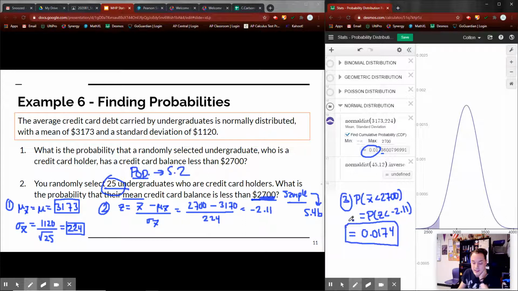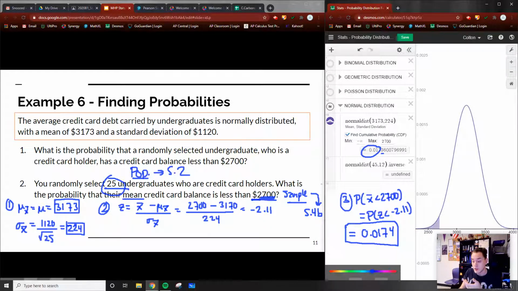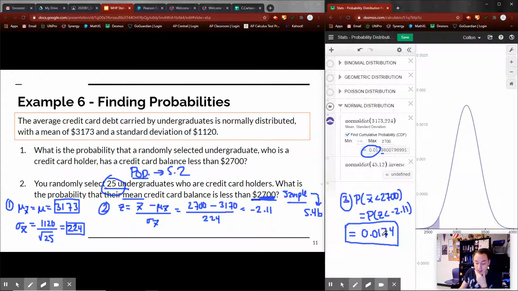What does this mean, guys? This means that of 25 undergraduates, approximately 1%, almost 2%, approximately 2% of these undergraduates have an average credit card balance of less than 2,700.